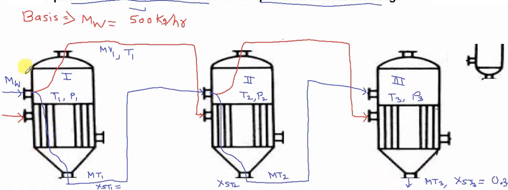Here, the corresponding input concentration of the weak liquor is given as 10%, and 10% means this value will be 0.1. The concentration increases from 10% to 30%, that means 0.1 at the input, and at the output you will get 0.3.